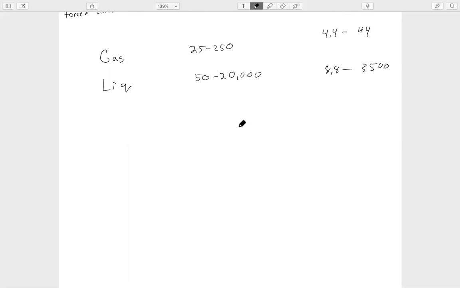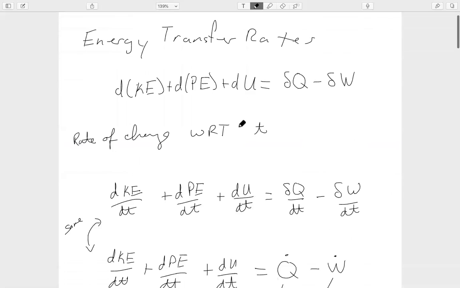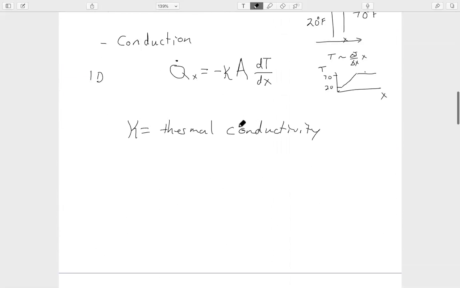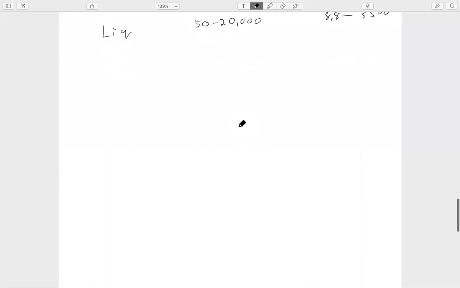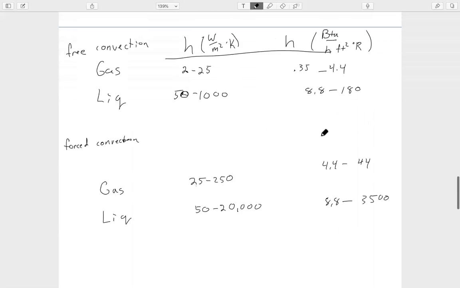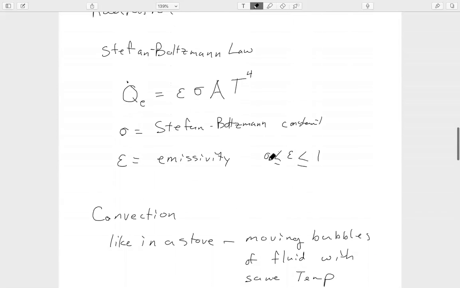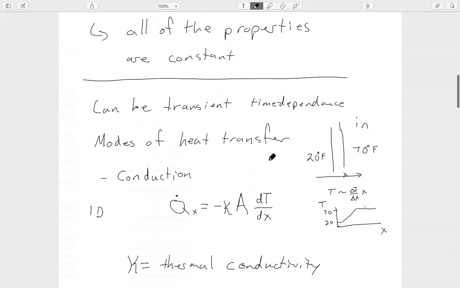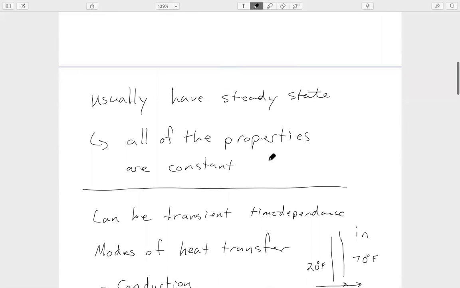That's what I wanted to talk about in this video: heat transfer rates, or energy transfer rates, and the forms of heat transfer. We will have a few simple examples so you know how it works with heat transfer rates, Q dot. Almost always in this class, we will work in steady state, and we'll just say Q dot is some fixed number.